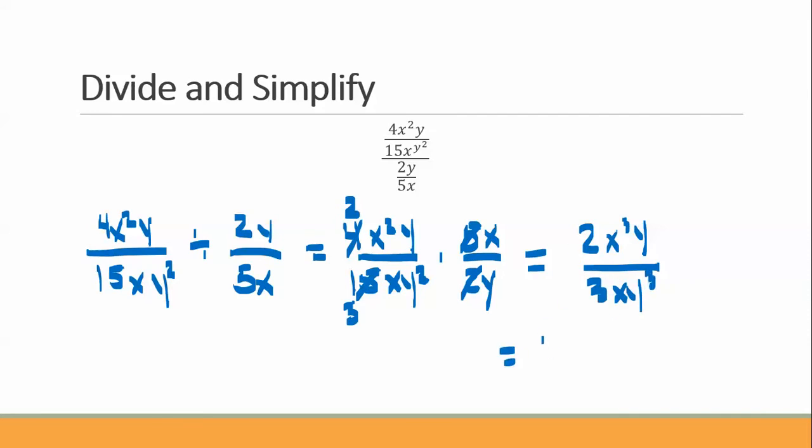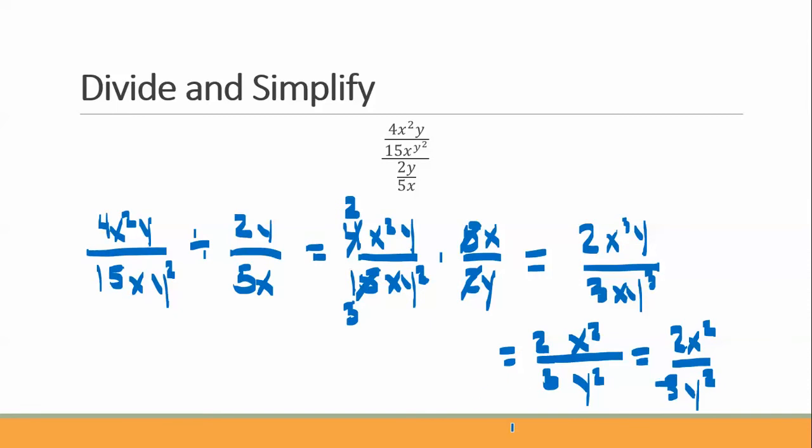So then we have 2/3. And then x cubed divided by x would be x squared. Y divided by y cubed would be y squared in the denominator. So it's 2x squared over 3y squared. That 3 didn't look very good, that's why I rewrote it. And that even was worse, but you'll be okay.